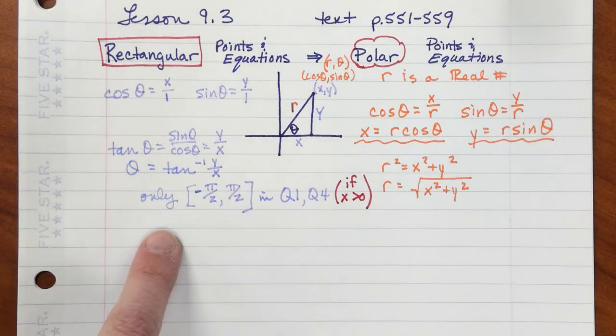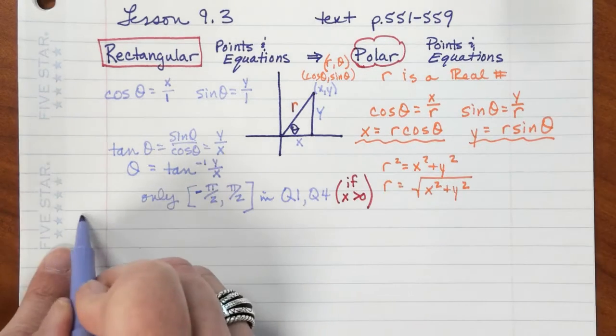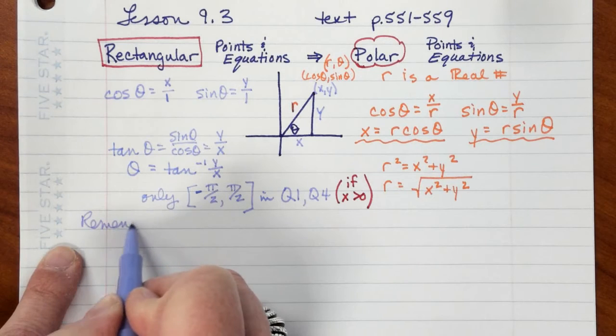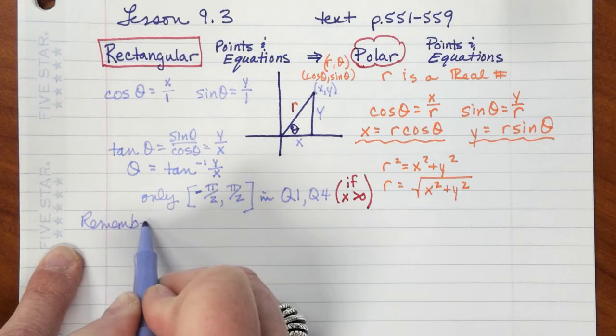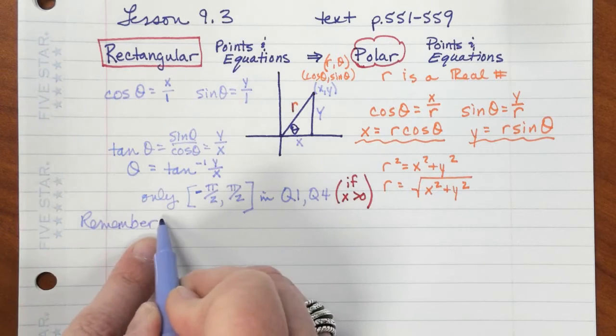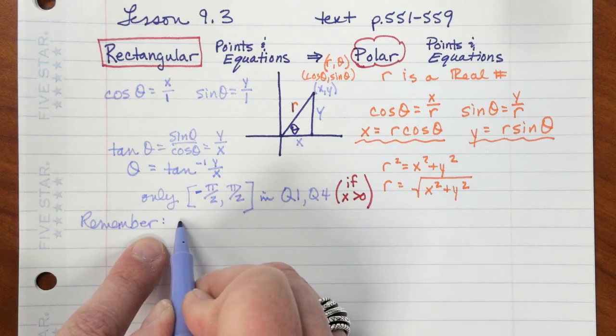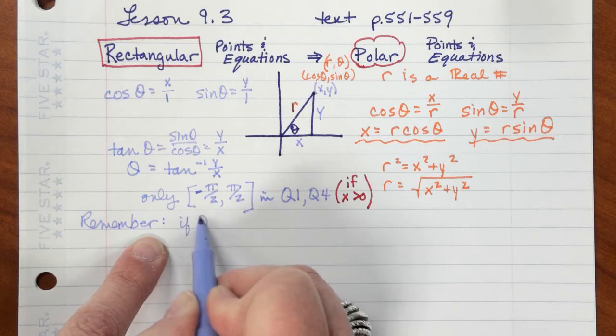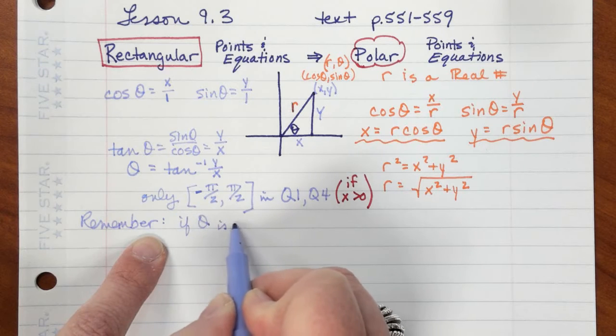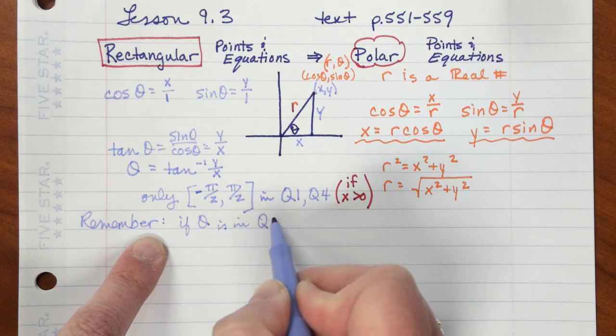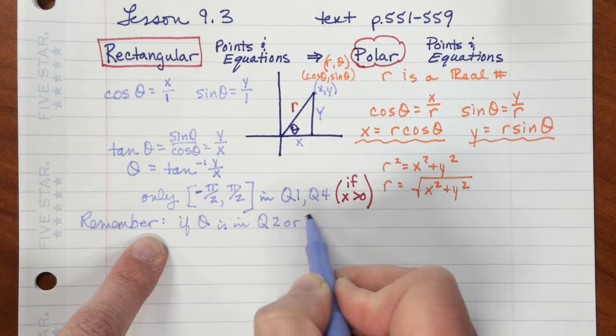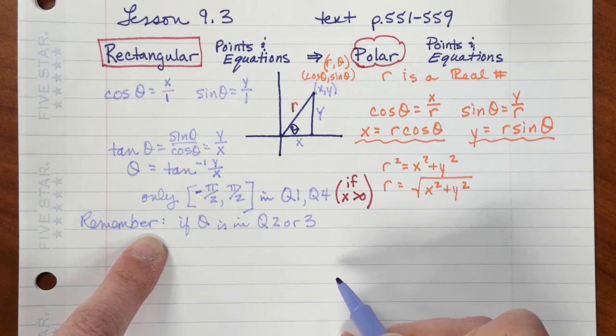This is going back to chapter 4, but you can do this. If theta is in quadrant 2 or 3, what did we have to add?